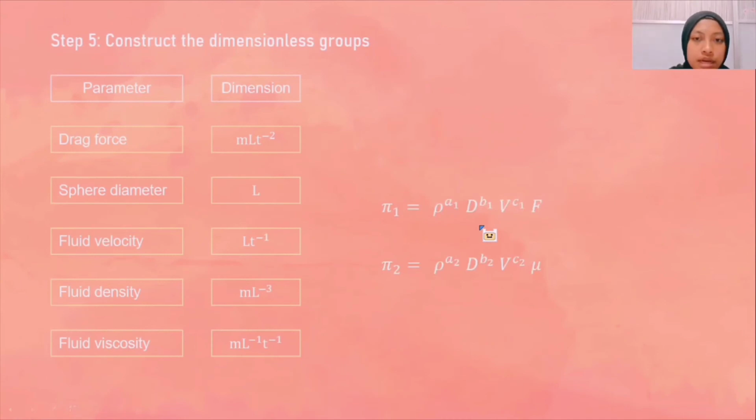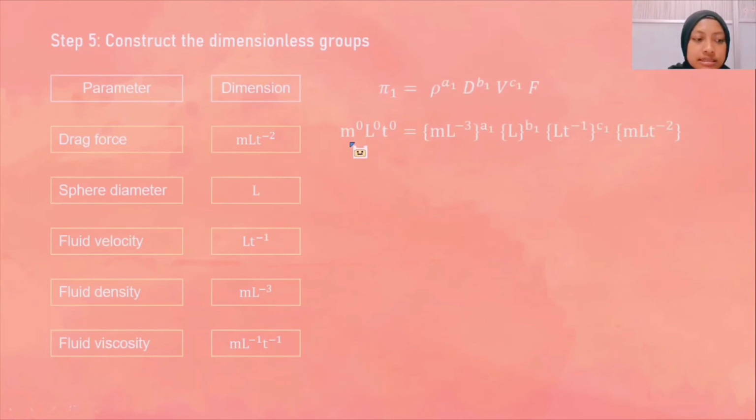Let's solve for pi1 first. Pi1 is a dimensionless group, so we can say that its dimension is M power 0, L power 0, T power 0. And then we replace rho with its dimension.